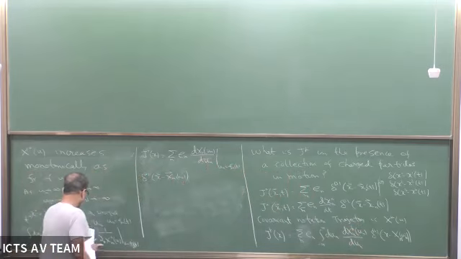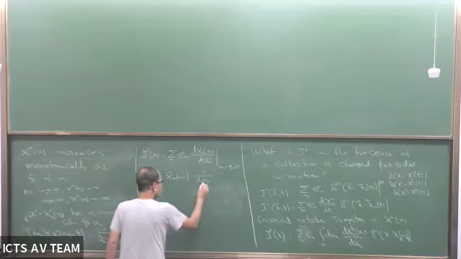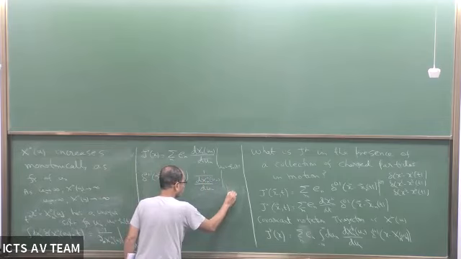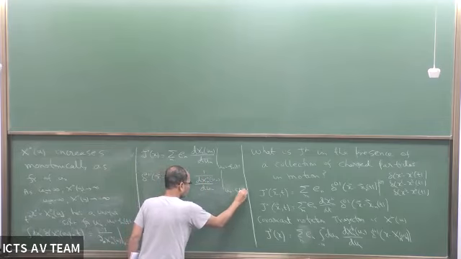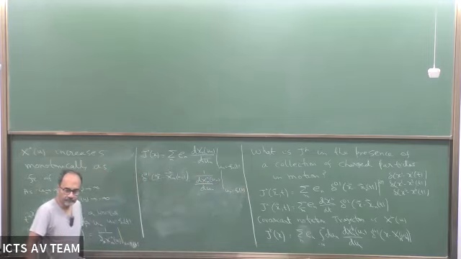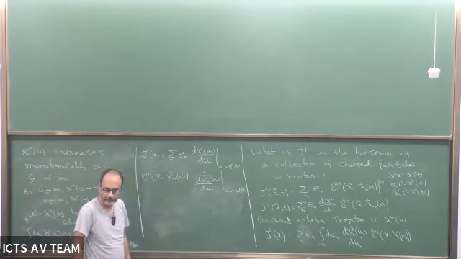And then from this we get 1 over the derivative. So all of these have to be evaluated at u_n equal to F_n of t. This one, this one, this one. Everything has to be evaluated at u_n equal to F_n of t.